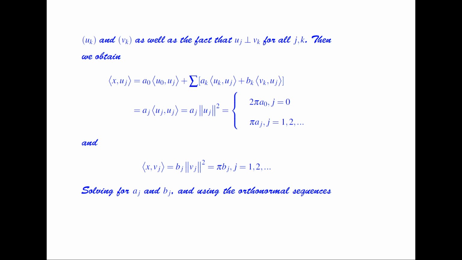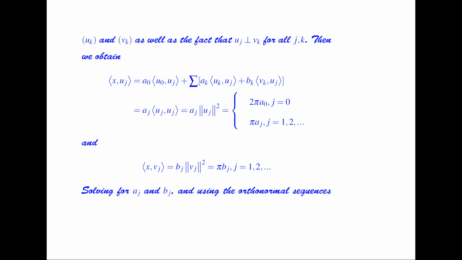Then we obtain the inner product of x comma uj is equal to a naught times the inner product of u naught comma uj plus summation of ak times the inner product of uk comma uj plus bk times the inner product of vk comma uj, which is equal to aj times the inner product of uj comma uj, which is equal to aj times the norm of uj squared, which is equal to 2 pi a naught when j is equal to 0 and pi aj where j is equal to 1, 2, and so on.